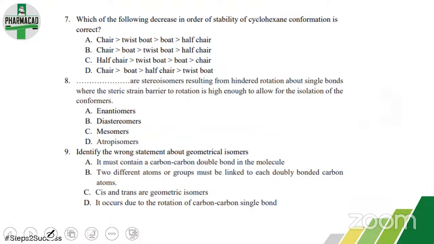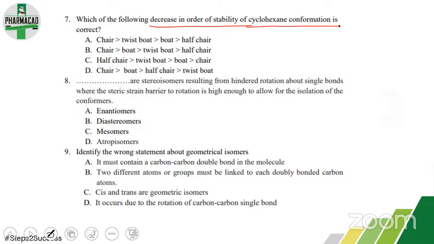Next question is, which of the following decreasing orders of stability of cyclohexane conformation is correct? So we know that cyclohexane has total 4 conformations, that is chair, twist boat, boat and half chair.